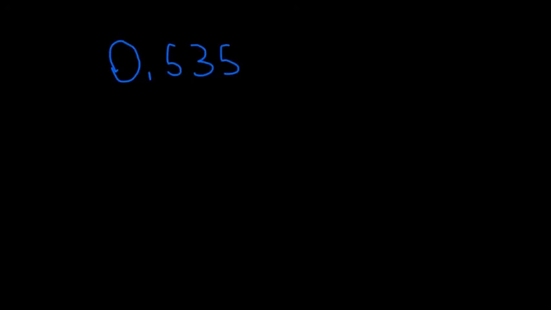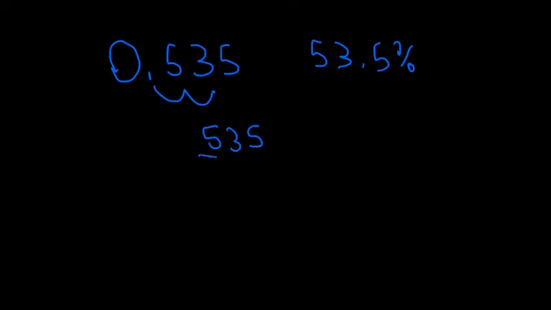Alright, now we're starting out with a decimal. So we have 535 thousandths. To make that into a percent, just move your decimal twice to the right. So that would equal 53 and 5/10%. If you want to make it into a fraction, you just put it over its place value. So that's 535 thousandths.